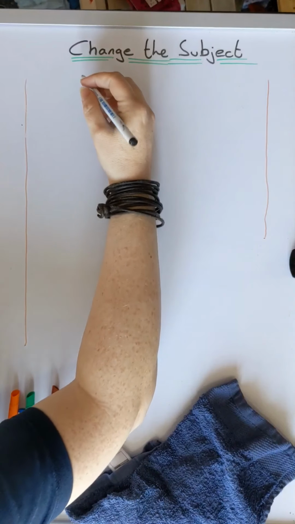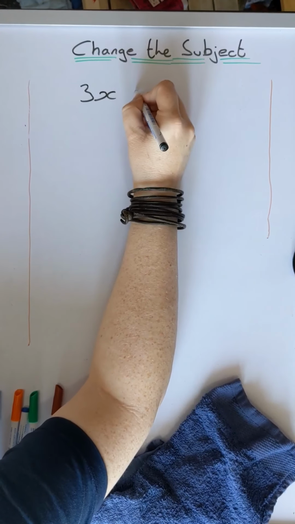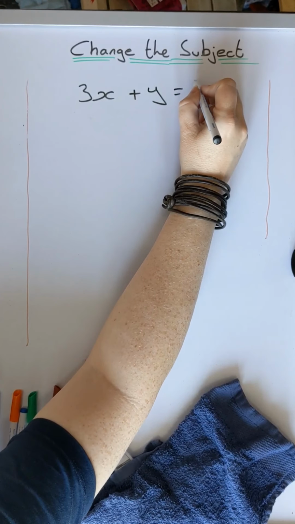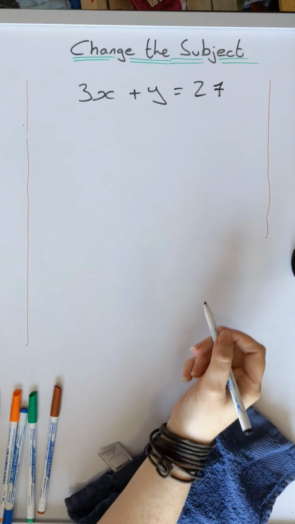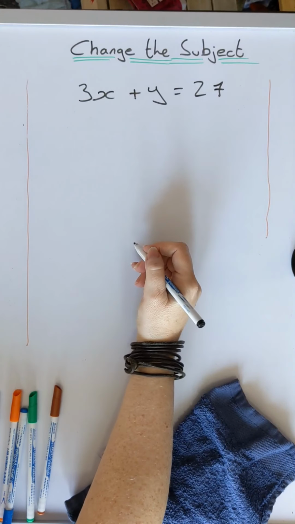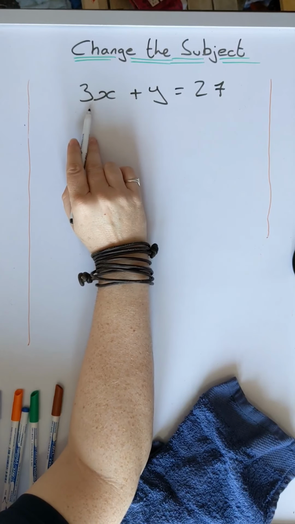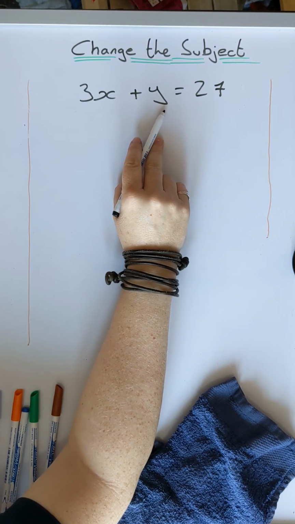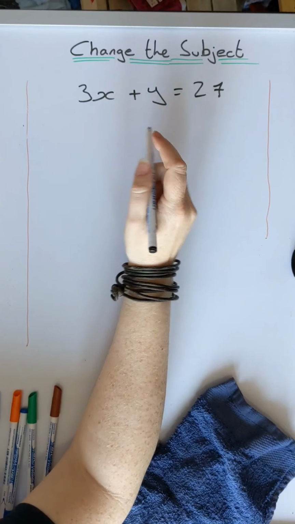If we have 3x plus y equals 27, to get y on its own, what I need to do is remove the 3x from this side. It's not multiplying the y this time, it's added on, so I can take it from both sides.